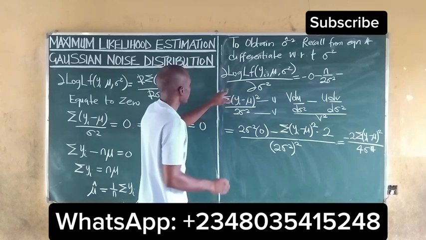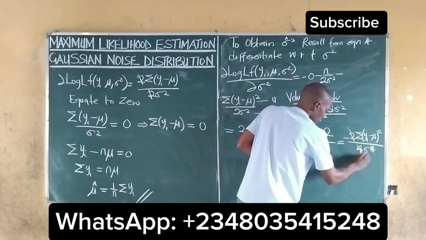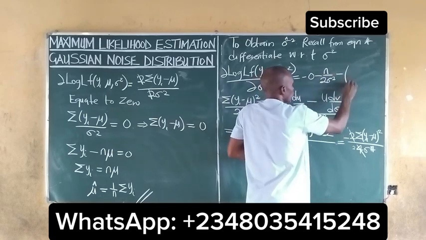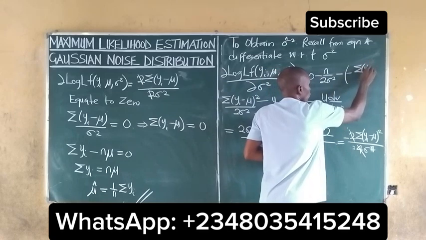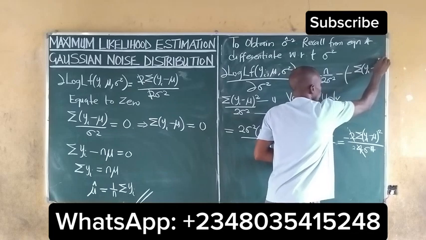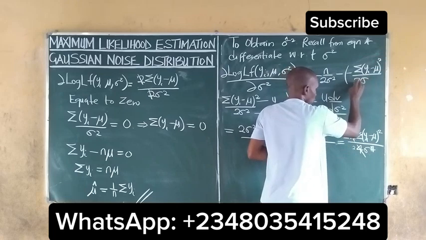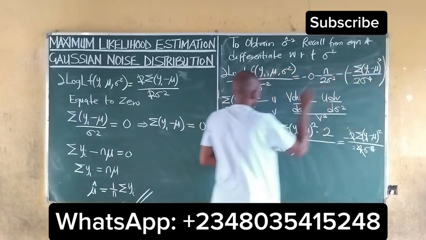That means these 2 can cancel to give us 1. This can cancel here to give us 2. So we'll write it here, which is negative summation yi minus mu raised to the power of 2 all over 2 sigma 4. So this is what we get.